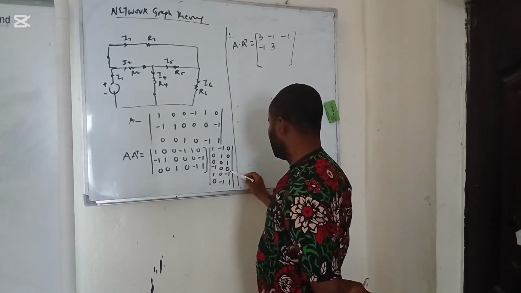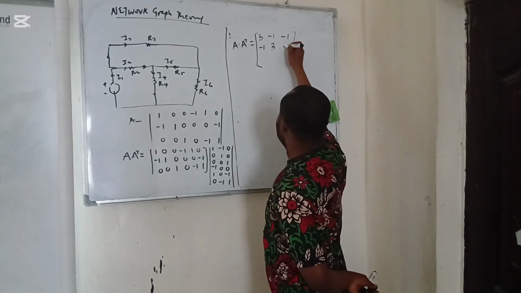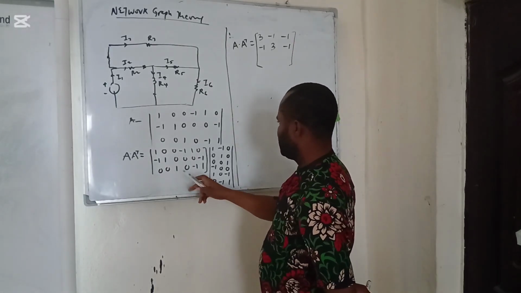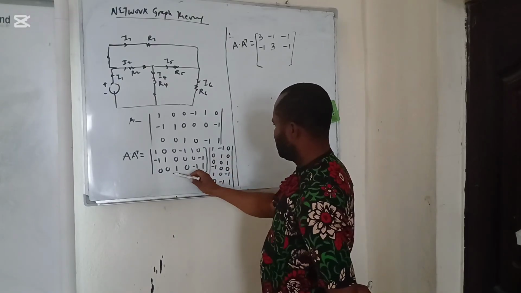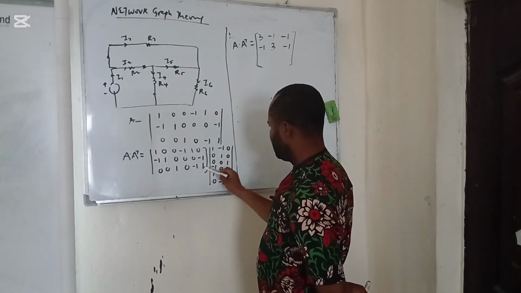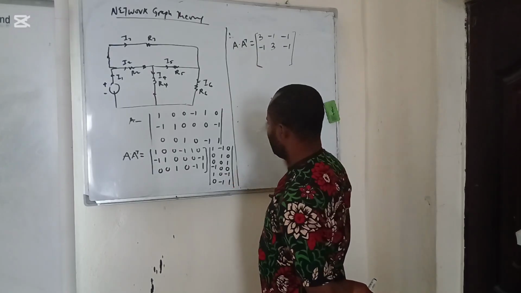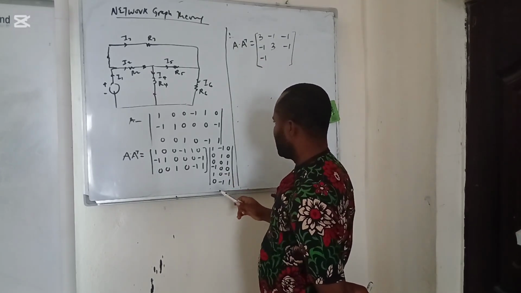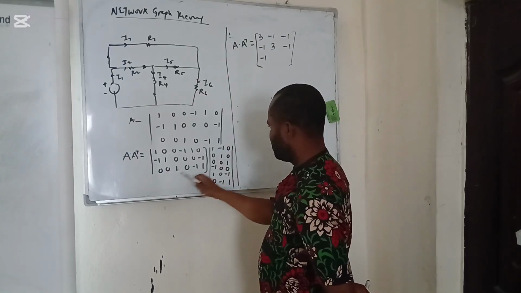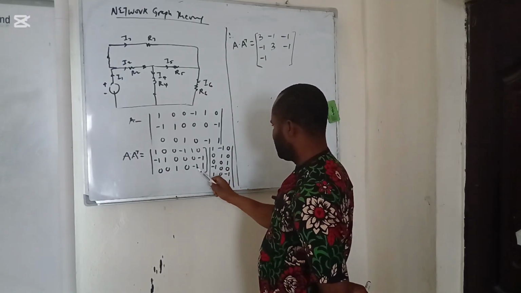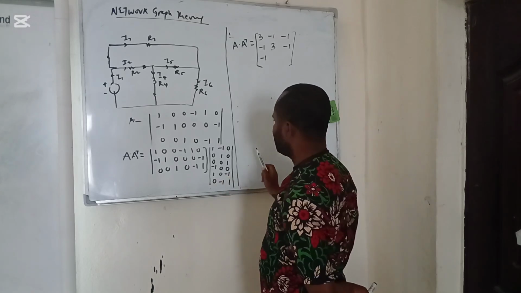The final one we have minus 1. So finally we have this times this, and this time have minus 1.